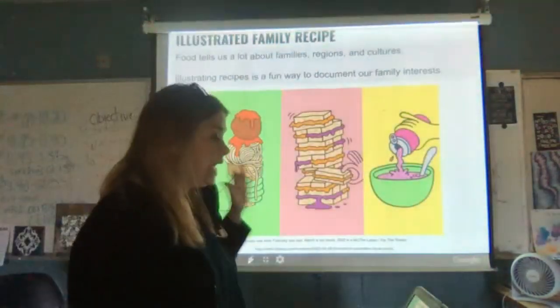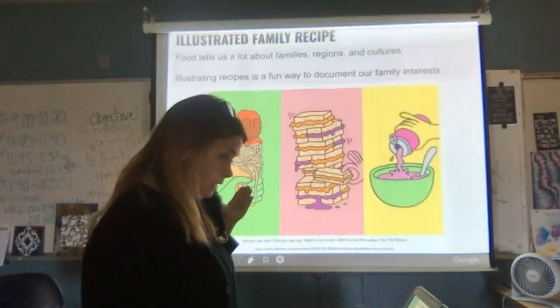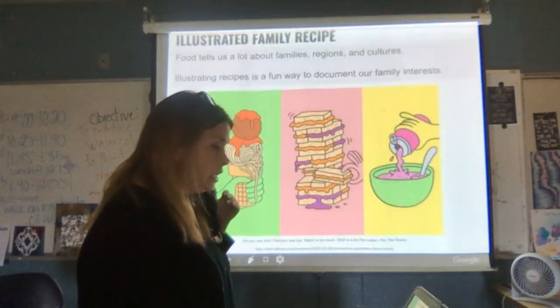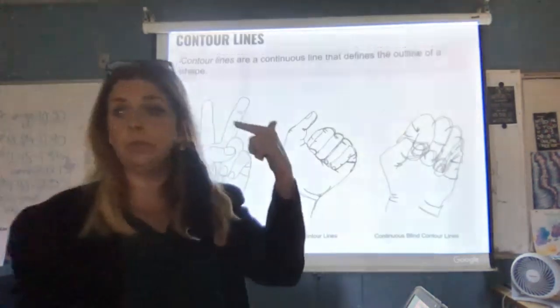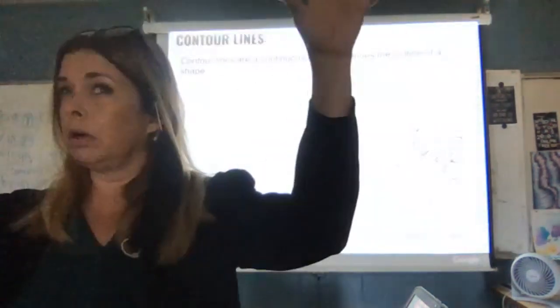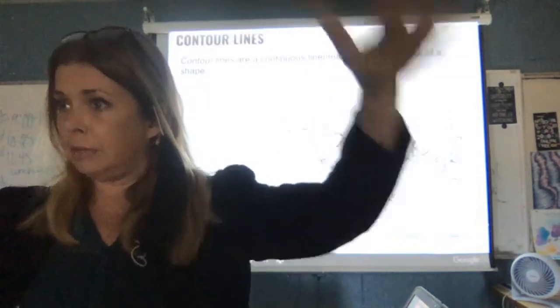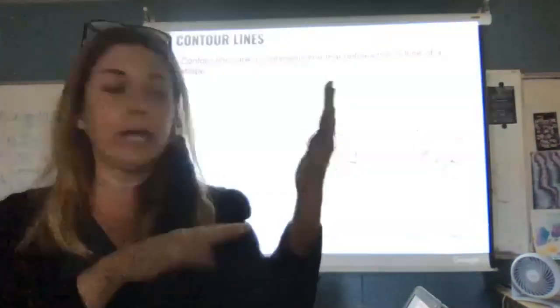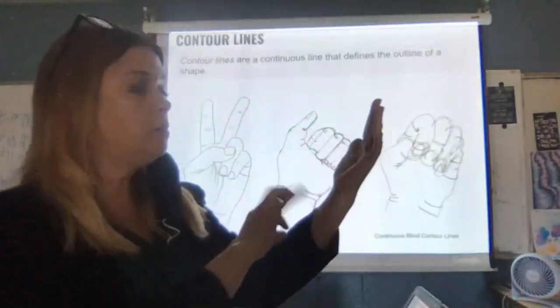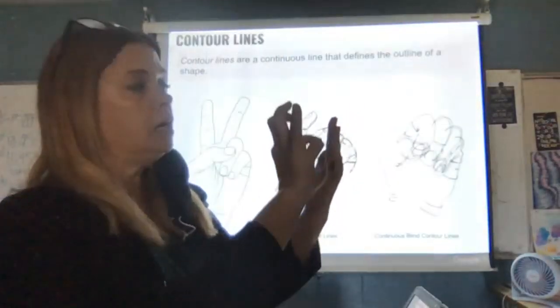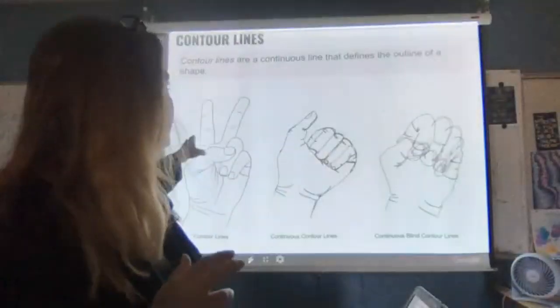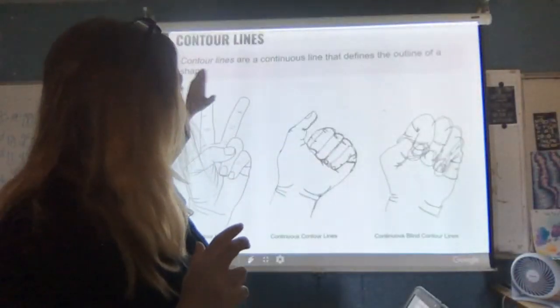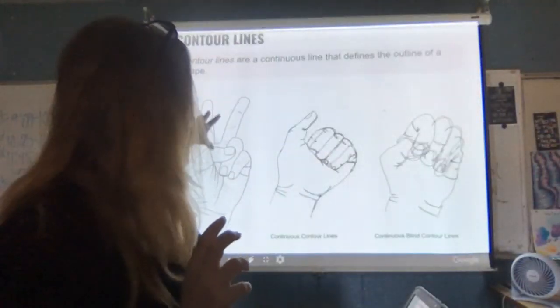So you're gonna take the concept of a family recipe and we're gonna go back to the beginning. I don't quite know if y'all were in the classes at the beginning or if y'all came later, but at the very beginning, we learned how to look at our hands and draw a contour line of our hands. A contour line is the lines that define the outline of a shape.